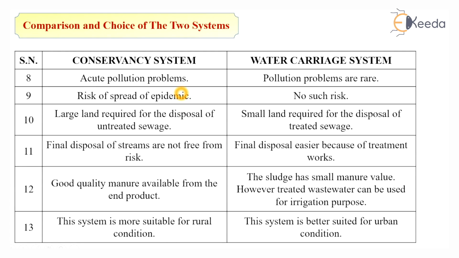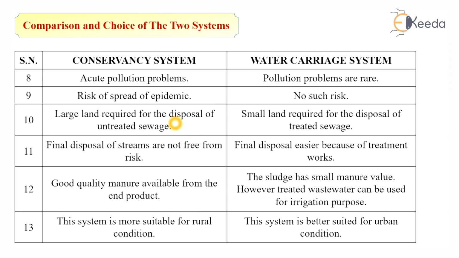Next point, conservancy system faces acute pollution problems and water carriage system doesn't face any pollution problems. In conservancy system, there is risk of spread of epidemic, and in water carriage system there is no risk of spread of epidemic. In conservancy system, large land is required for the disposal of untreated sewage.